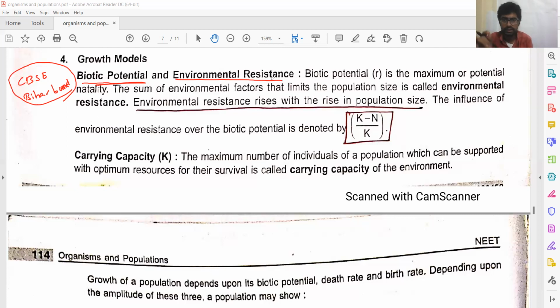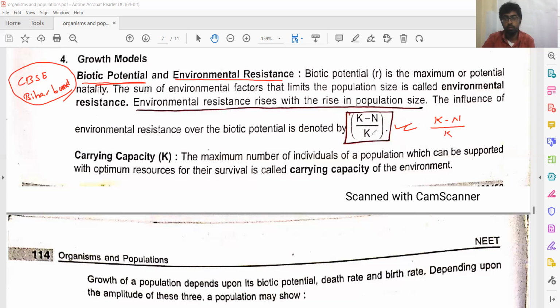So the population is restricted to a limit by the environment. And how does the environment do that? It creates resistance. So environmental resistance has an influence on the biotic potential of an organism, and that is represented by (K minus N) by K.